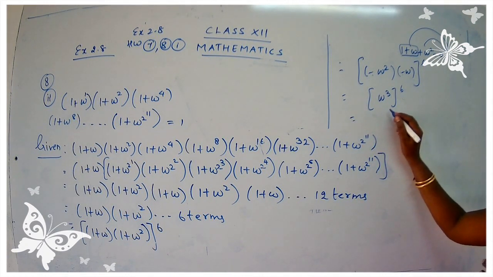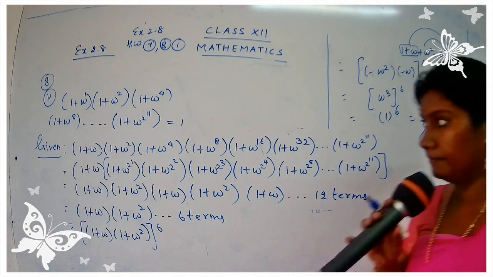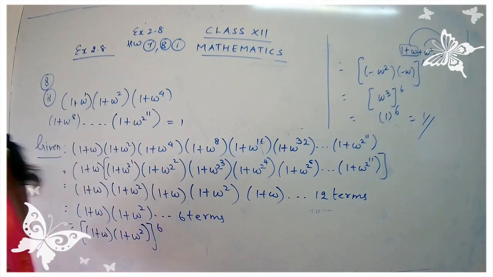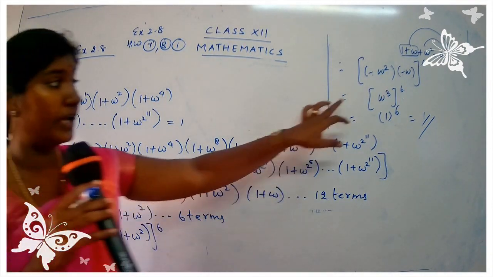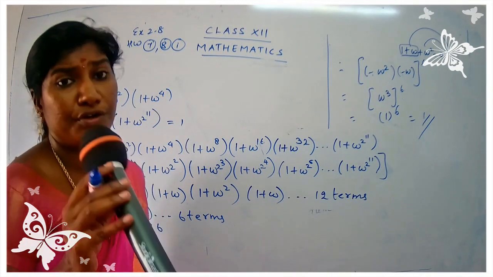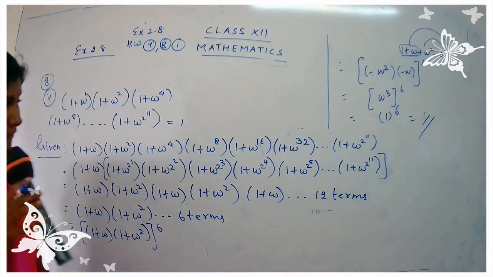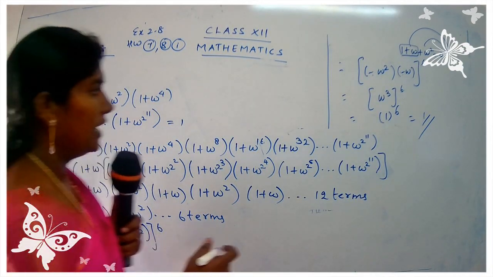It's 1, the whole raised to 6. So the answer is 1. Omega cube is equal to 1, so we have to replace omega cube with 1. So 1 raised to 6, 1 into 1 into 1 into 1. Any number of times, you are going to get the answer as 1. Yes, that's what we have to show. You can just say, hence proved.